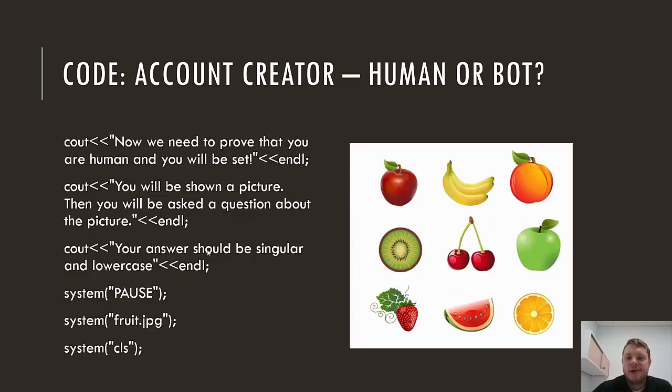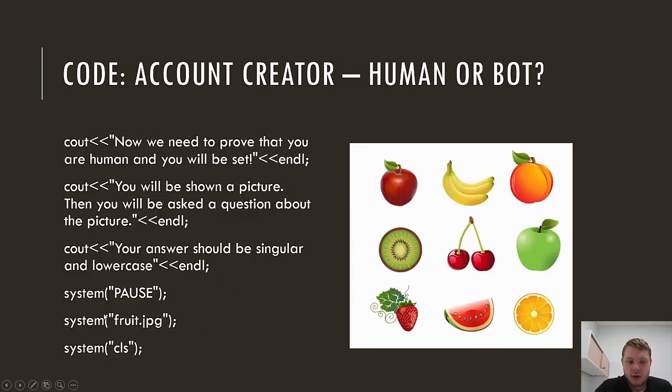So once we have a valid username and password for the account, we just want to make sure that the user is a human. Again, we just have some text, some cout, explaining to the user what we're going to do: that we will show them a picture, then ask them a question.